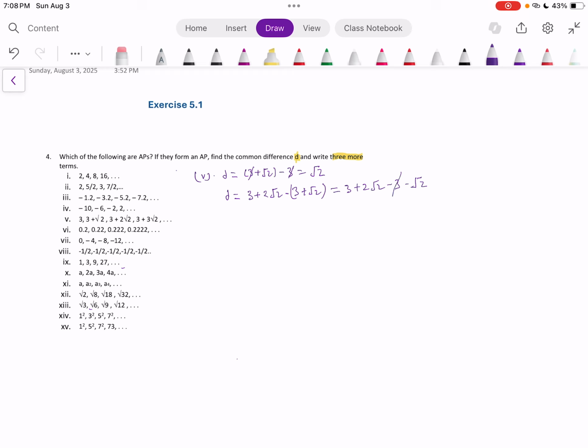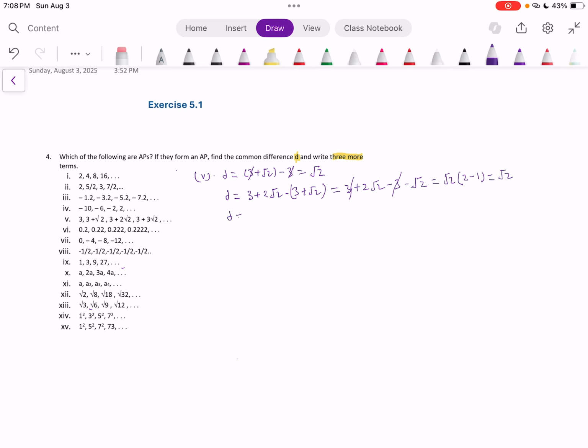So these cancel each other out. And 2 times square root of 2 minus square root of 2 is going to be square root of 2. You can do it another way too. You take square root of 2 out. 2 minus 1 is 1, so square root of 2.